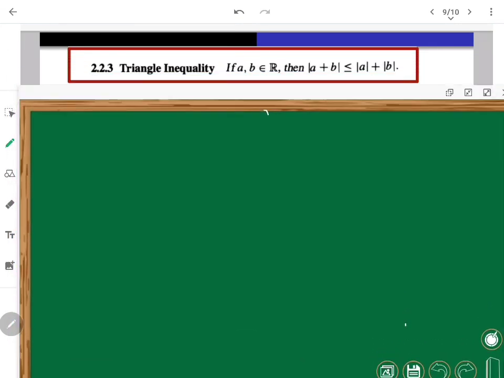The inequality says, if A and B are any two real numbers, then you just add A and B, you'll be getting A plus B. Take the modulus, then that will be up to mod A plus mod B. So it gives you how the absolute value function is going to behave with the additive structure. That is what it's trying to say.